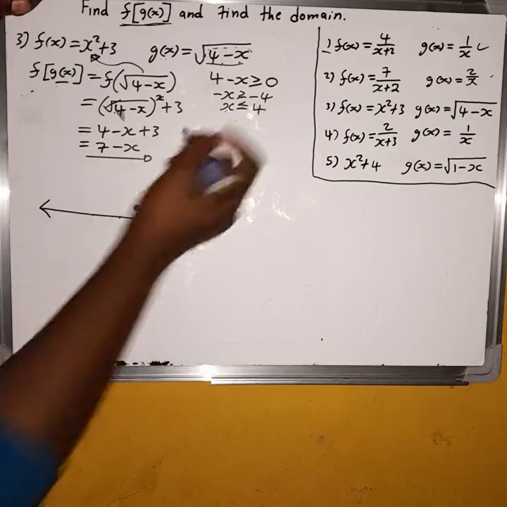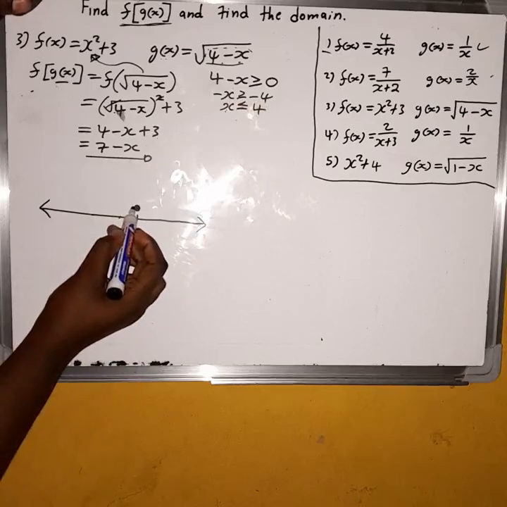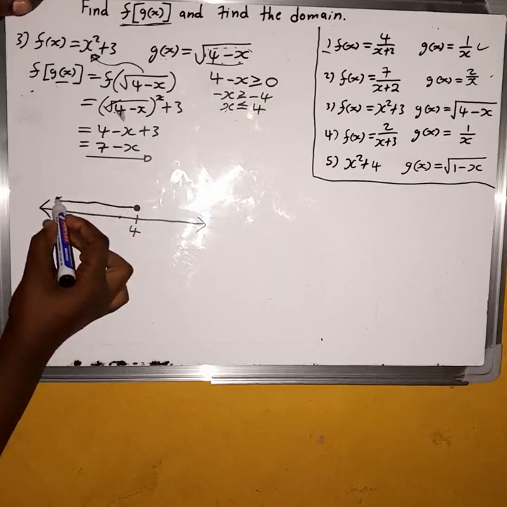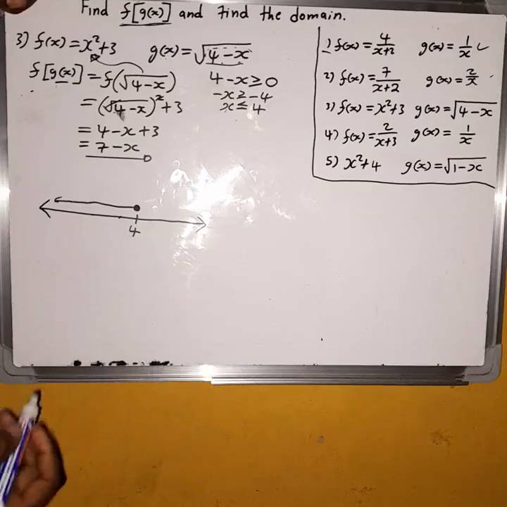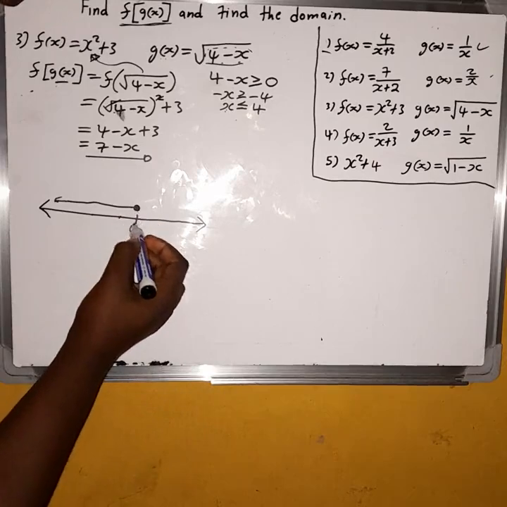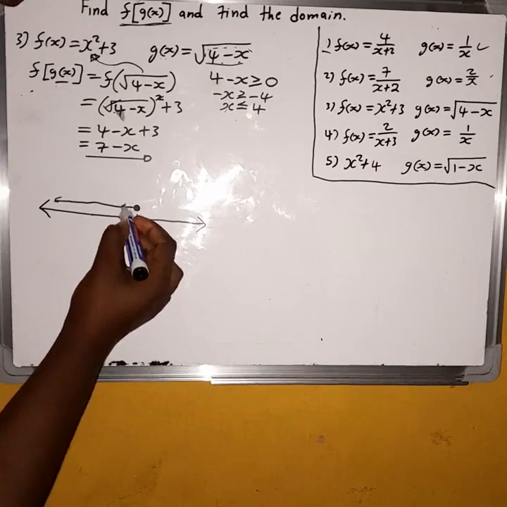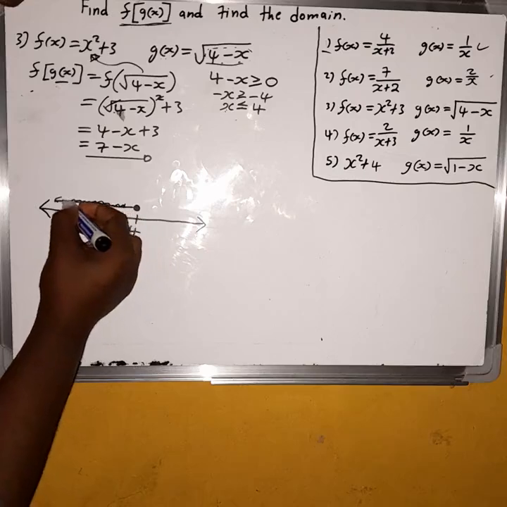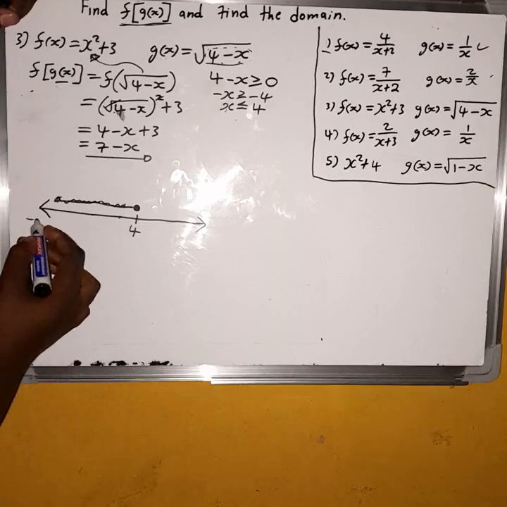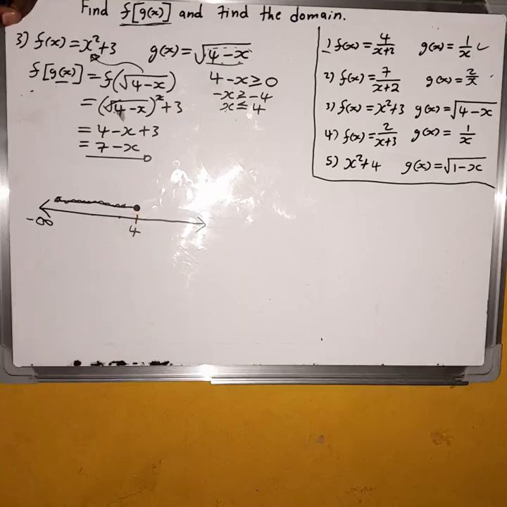Then x must be less than 4, that means we go in this direction, so x can be anything from here and anything from the left, up to negative infinity.